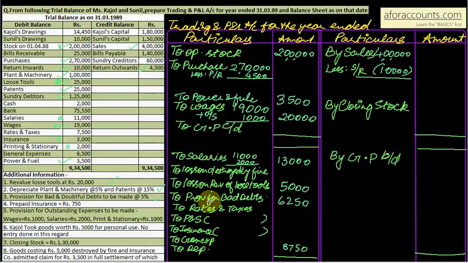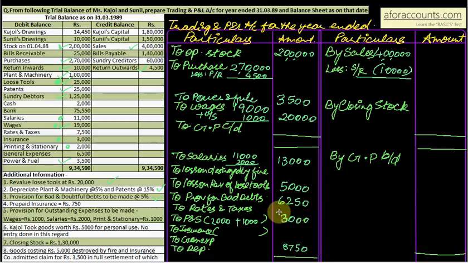So let's see, printing and stationery is 2,000 is given, and then what is the adjustment? 1,000 is outstanding. So add 1,000, that comes up to 3,000.